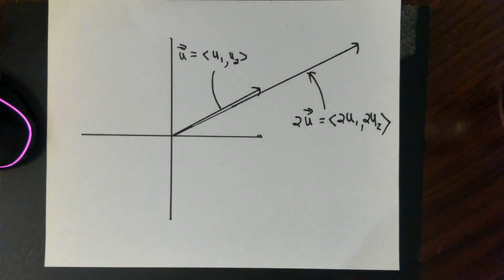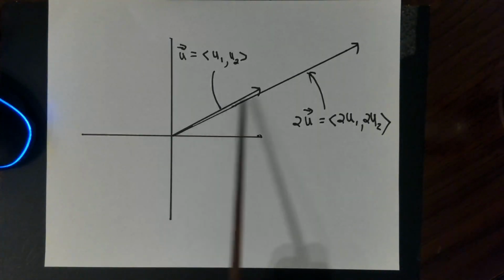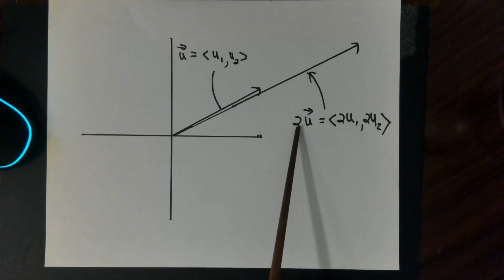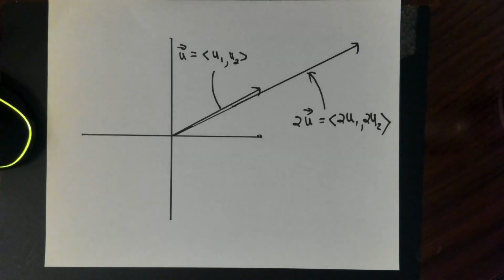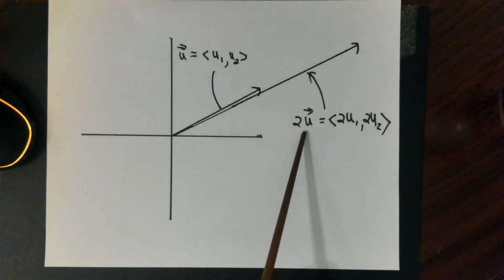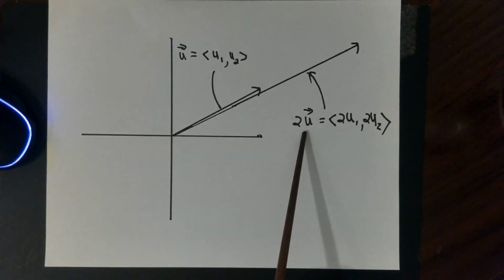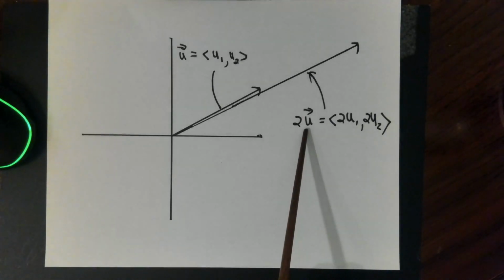We'll see shortly that if you multiply a vector by a positive number, what you get is a vector that points in the same direction as the original, but is a different length. In this case, 2u will turn out to be twice as long as u is. 3u will turn out to be 3 times as long.